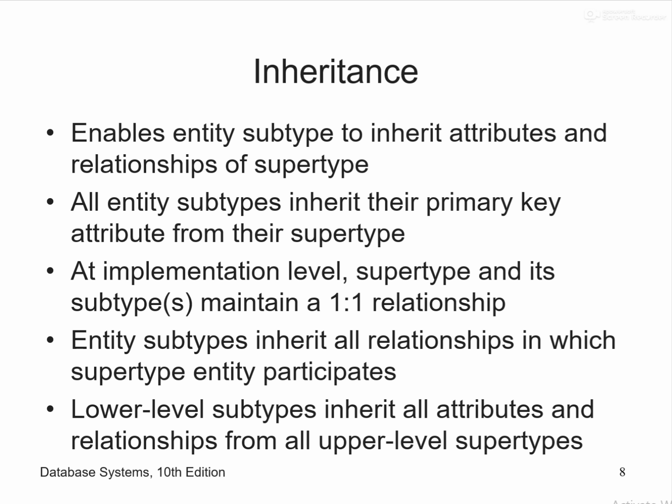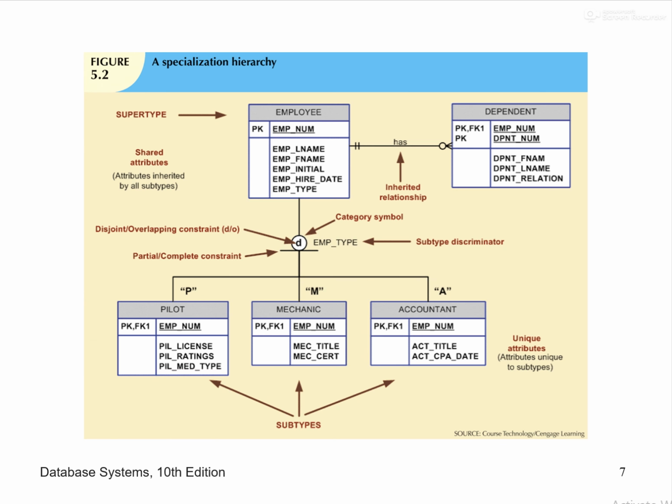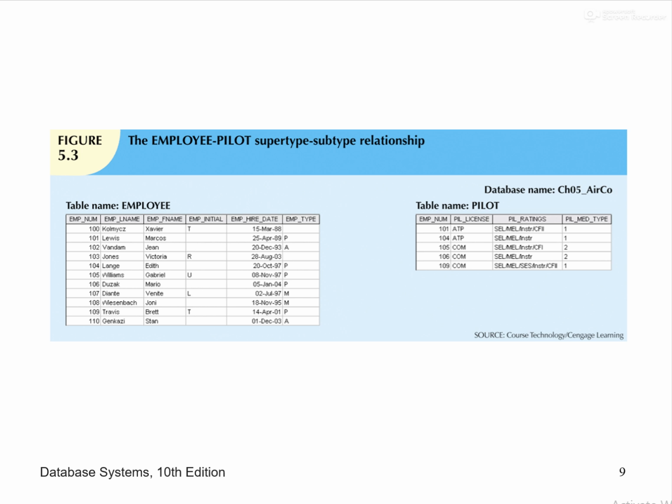So it not only inherits all the attributes but also inherits all the relationships as well. Like here in this diagram we can see that employee has a one-to-many relationship with the dependent entity. So the same relationship is between pilot and dependent, mechanic and dependent, and accountant and dependent as well. So here we just show the initial table where we have employee.